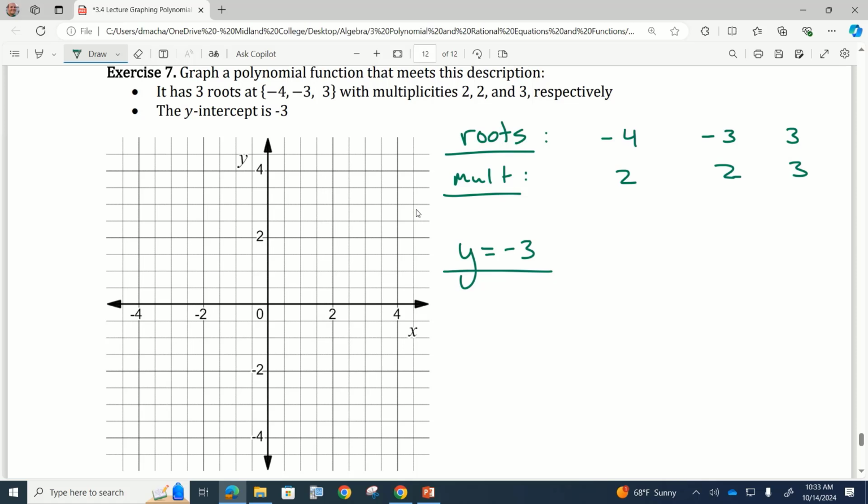But you would go to graph this exactly the same way. You say, all right, every one of my roots is an x-intercept. So here's -4, here's -3, and here's +3. I'm also going to put a dot down for my y-intercept.